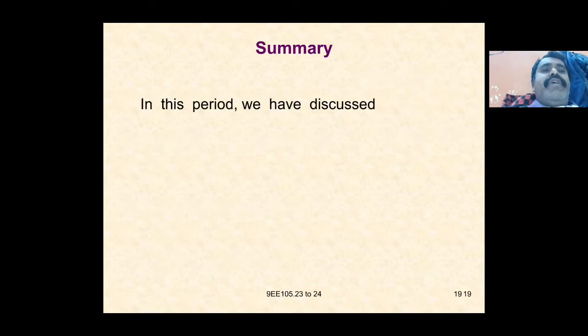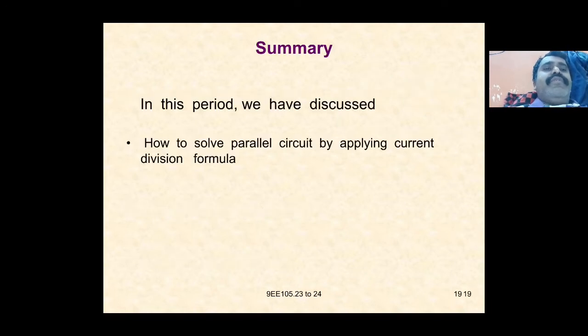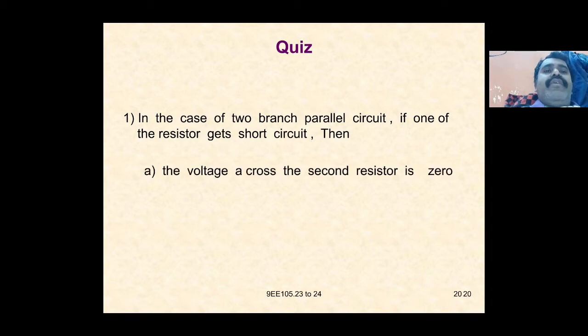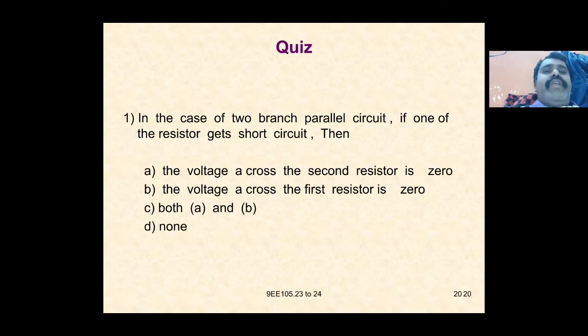So in this period we have discussed how to solve parallel circuits by applying the current division formula. In a two-branch parallel circuit, if one of the resistors gets short circuited, then the voltage across both A and B is 0.